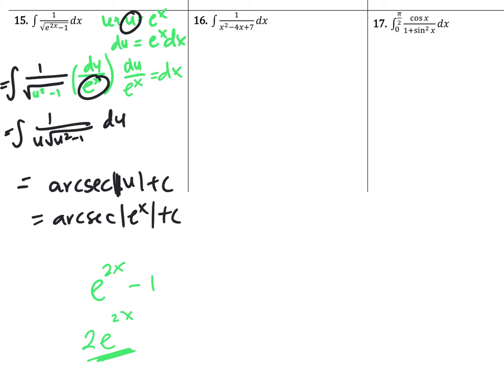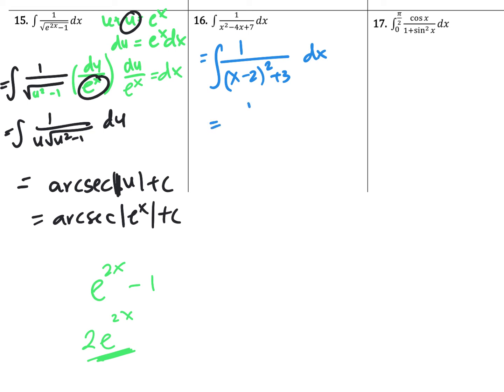Number 16, I'm going to use a little Algebra 1 skill to rewrite this. I'm going to complete the square in the denominator. So this is going to be x minus 2 squared plus 3, if I complete the square there, which means now I have the sum of 2 squares, which is screaming arctangent to me.